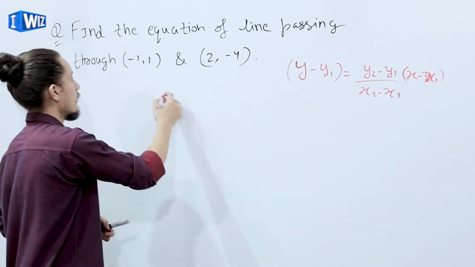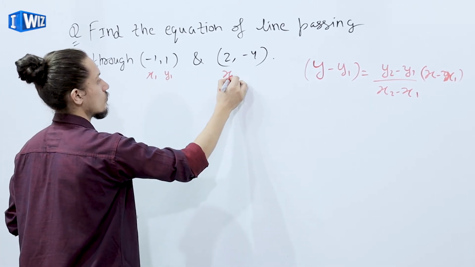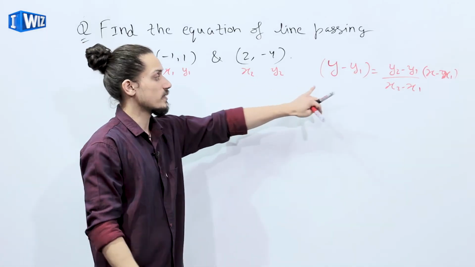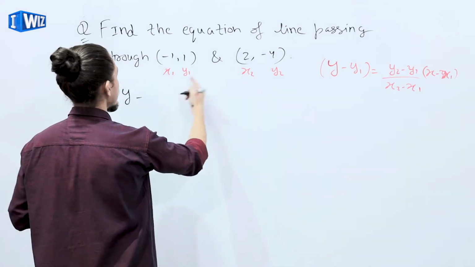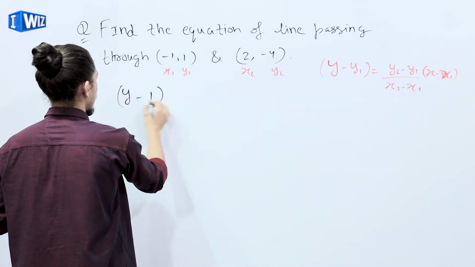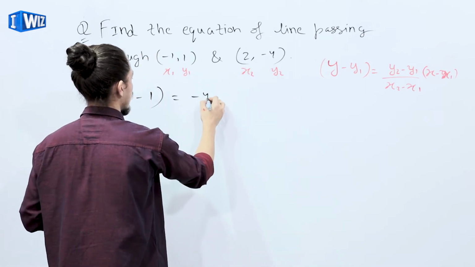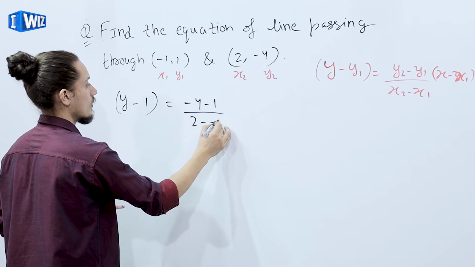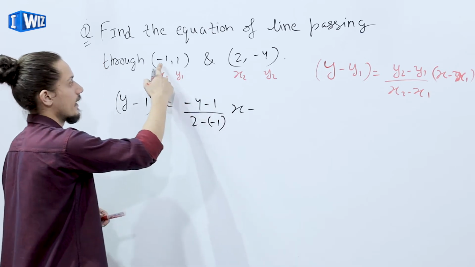Okay, अब यहाँ पे हमारे पास x1 is minus 1 and y1 is 1, x2 is 2 and y2 is minus 4. हमारे पास सारे components हैं. Using them in this formula, we get y minus 1 is equal to minus 4 minus 1 upon 2 minus of minus 1 into x minus x1. X1 is minus 1.